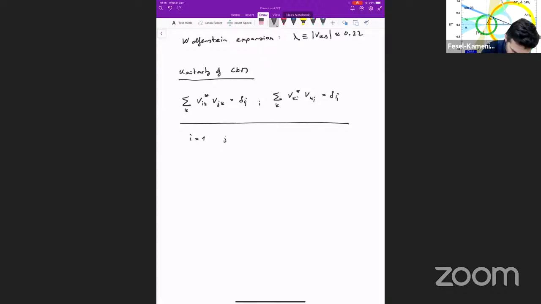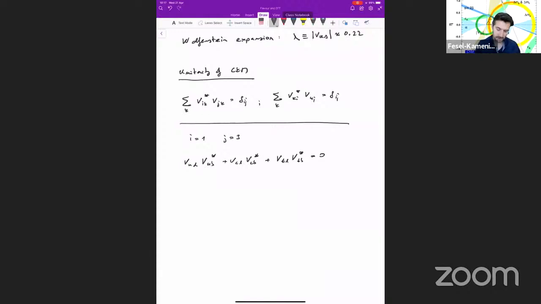If we write out the unitarity condition for this case, we obtain that V_ud times V_ub star plus V_cd V_cb star plus V_td V_tb star equals 0.